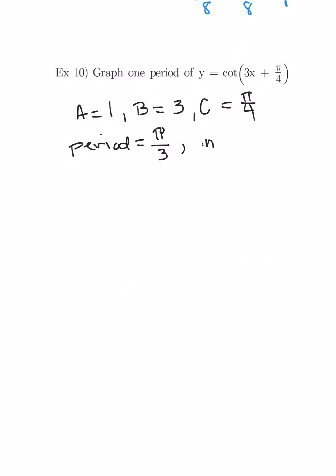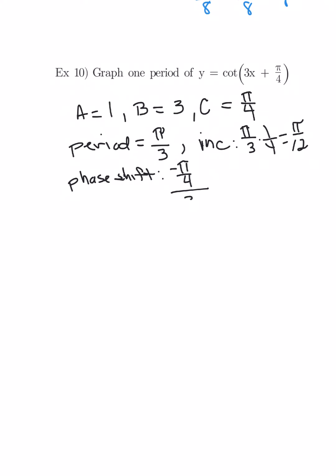The increments will be pi over 3 times 1/4, since it's already a fraction, which gives us pi over 12. Our phase shift. We're going to do the opposite of our c, so we're going to do negative pi over 4, over our b.